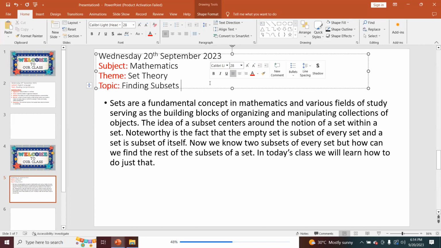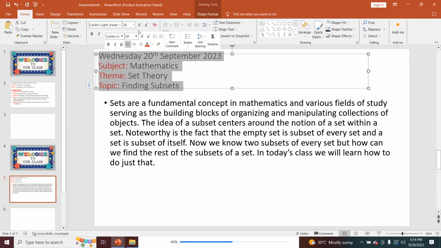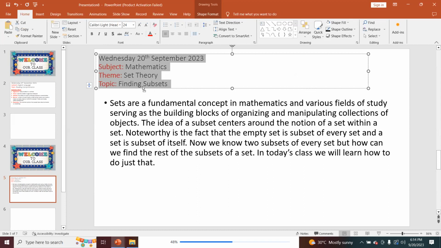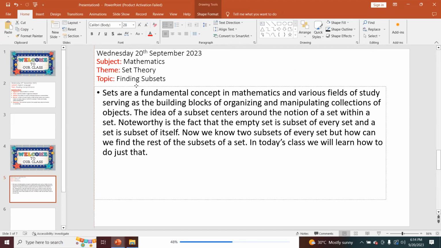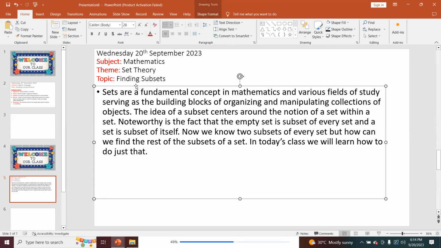Given a set, how can you find the subsets of it? A subset centers around the idea of a set within a set. So how can we get other sets from a set that we are given?